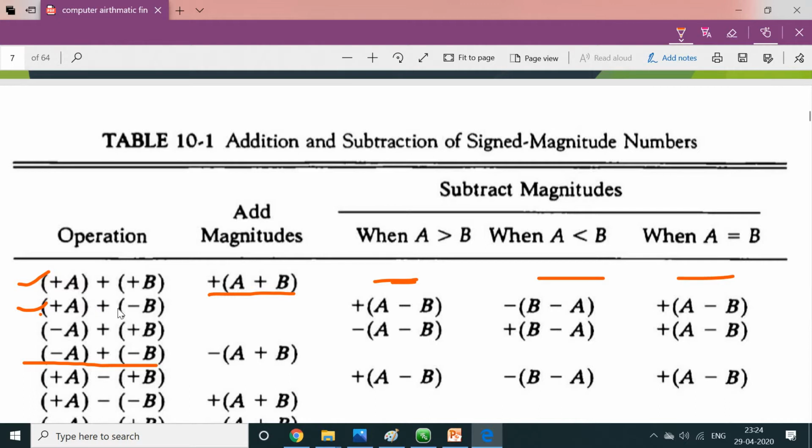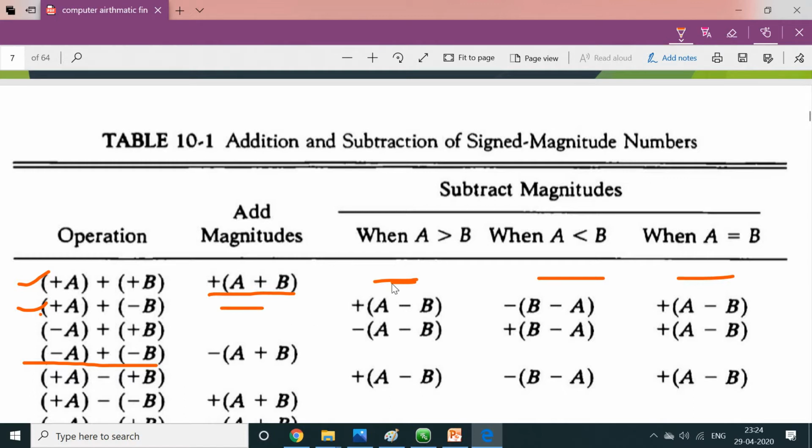Simply it is called a subtraction operation, so there is no addition possibility here. For this operation, the addition magnitude is simply represented as blank.